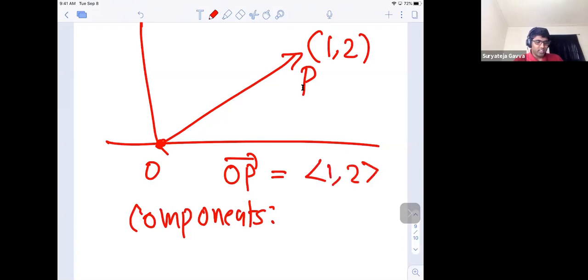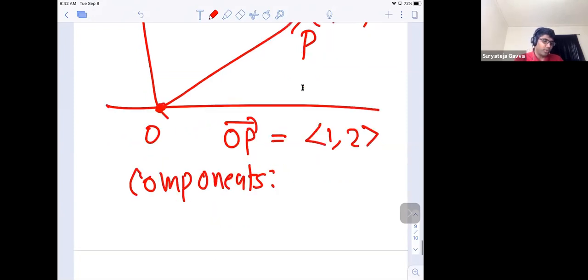We put these less than or greater than kind of signs, called left angle and right angle. So instead of putting nice brackets, you use this angle bracket notation. If you have the coordinates 1 and 2, you write <1, 2>.